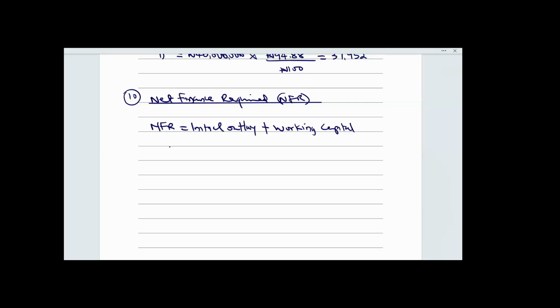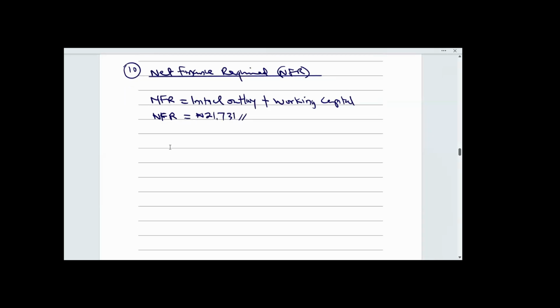According to our calculation, the initial outlay is 21,000. Working capital is 731. The two of them is 21,731. So that's the net finance required.